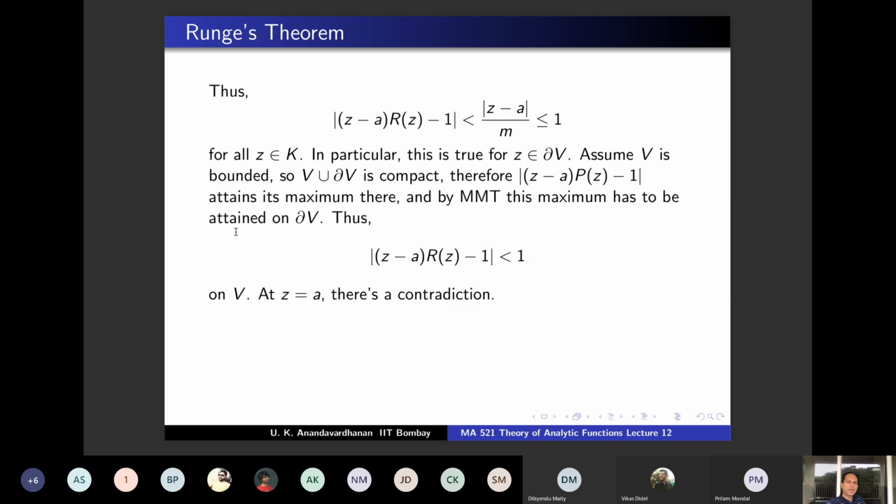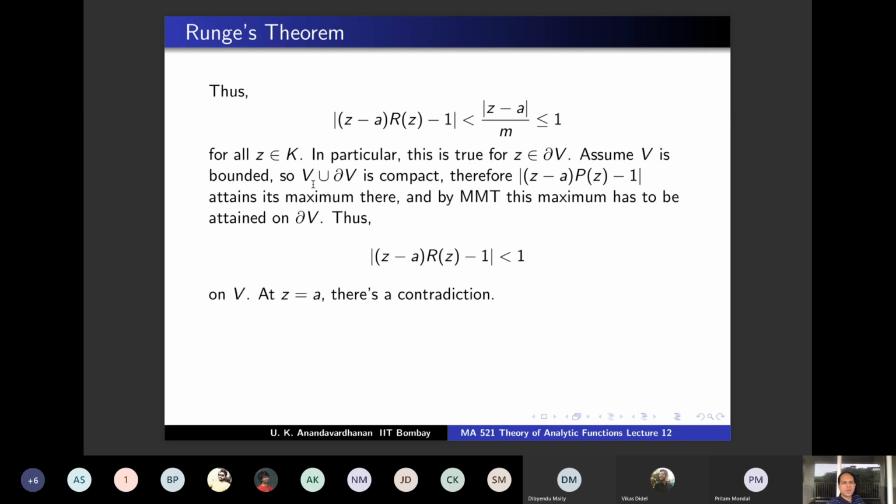So the contradiction came because you assume that your set A does not meet V, and then you can choose at least one function. We chose 1 by z minus a, which cannot be approximated by rational functions with poles only in A. Okay, so we have assumed that V is bounded because this argument used that.